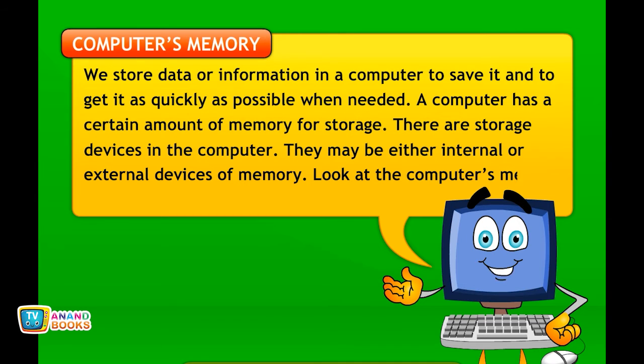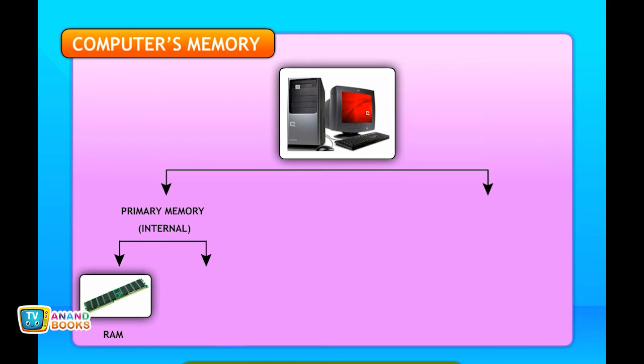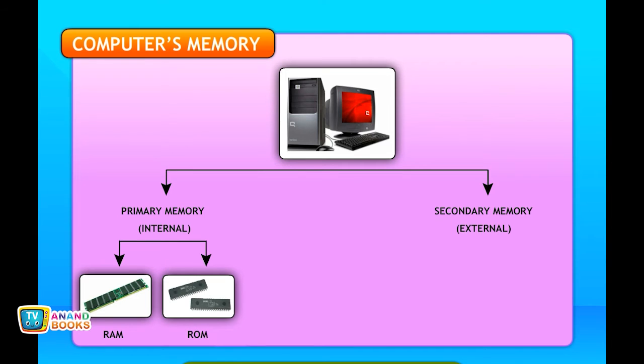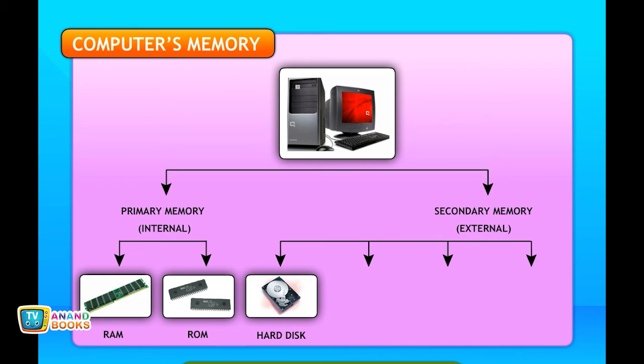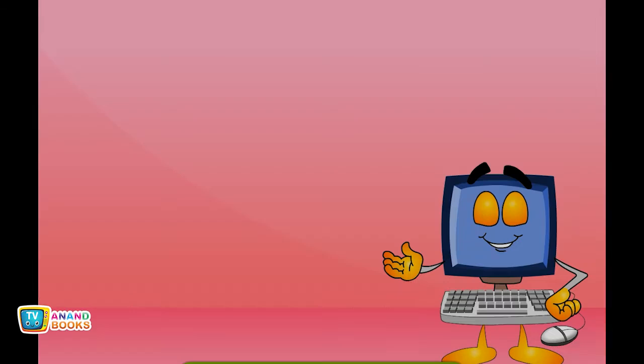Look at the computer's memory chart given below. Computer's memory: primary memory, internal, RAM, ROM; secondary memory, external, hard disk, floppy disk, CD or DVD, flash disk.